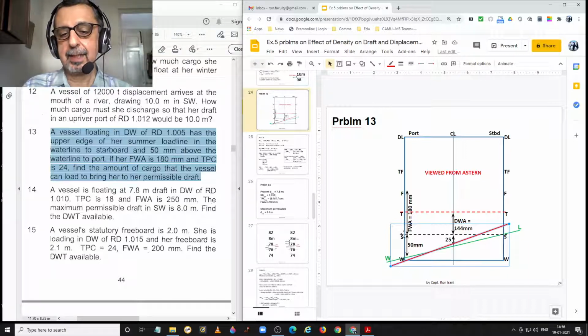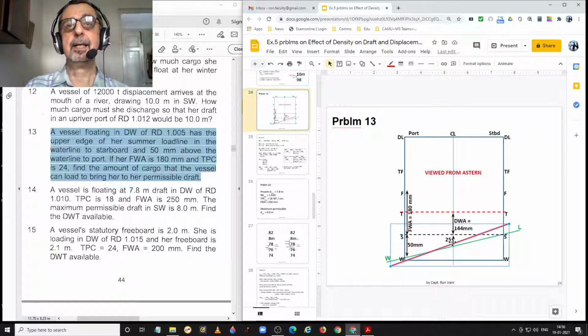So let us say on the port side it is 60 millimeters above the water line and on the starboard side it is 20 millimeters below the water line. So on the center line it will be 60 minus 20 equal to 40, divided by 2 equal to 20.